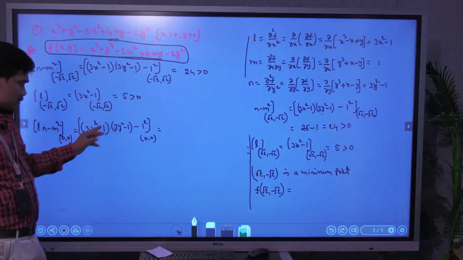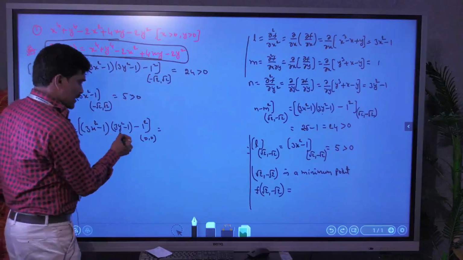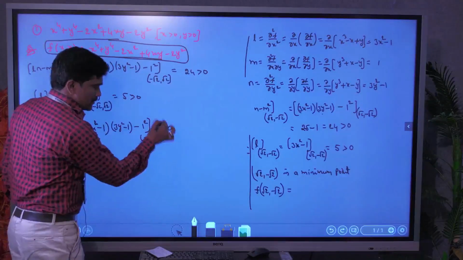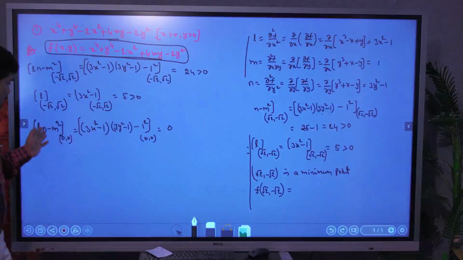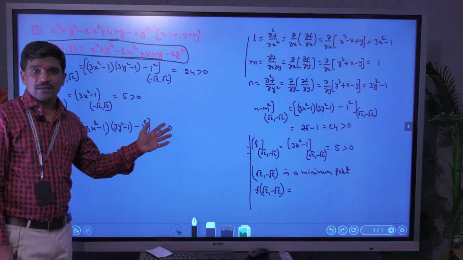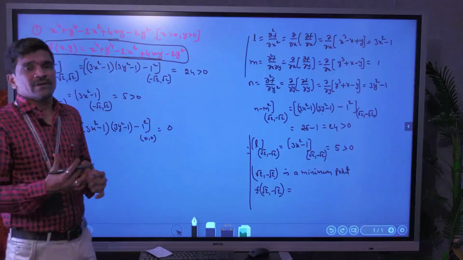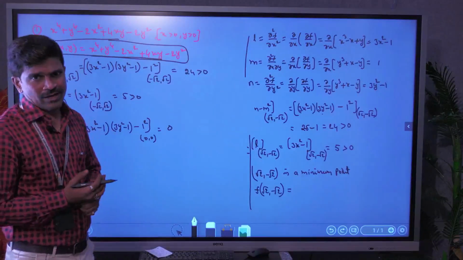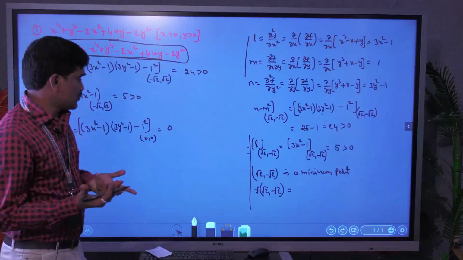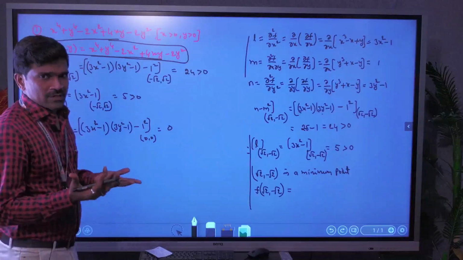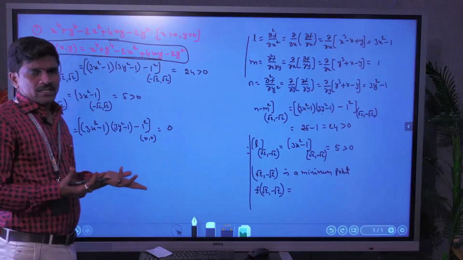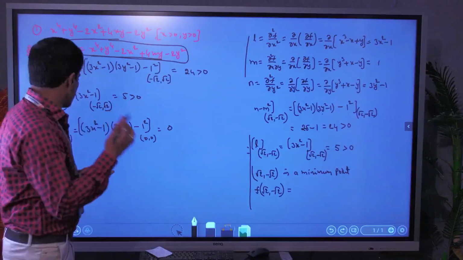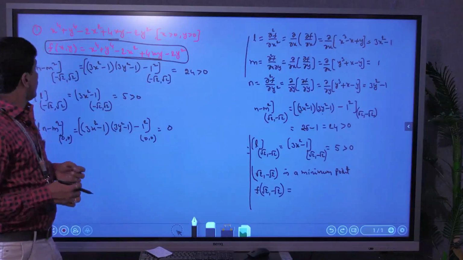So minus 1 into minus 1 is 1, 1 minus 1, clearly 0. And here ln minus m square is equal to 0. If ln minus m square is equal to 0, there is no conclusion, right? That means there is no extreme value, we can't say it is either a maximum or minimum, right? So this is our problem.